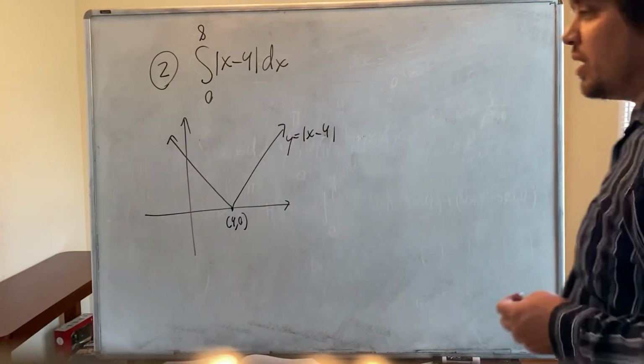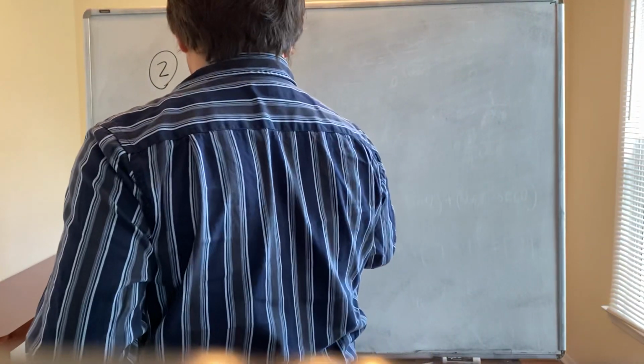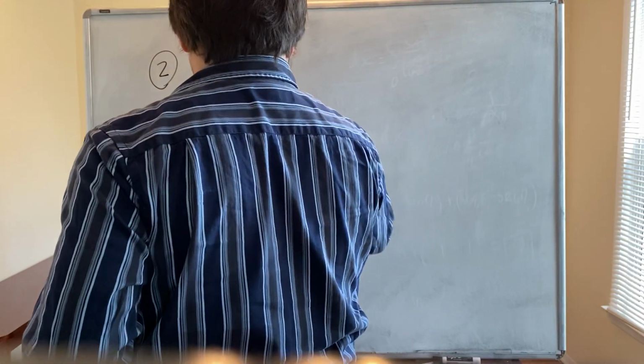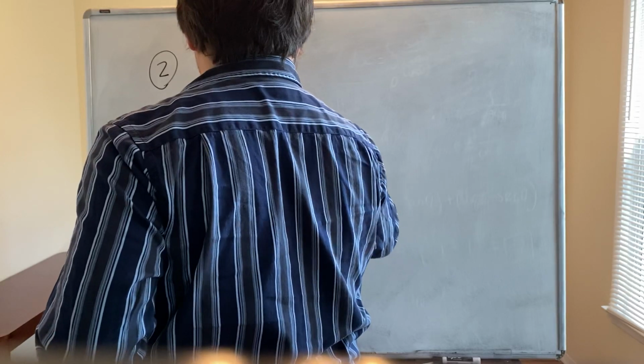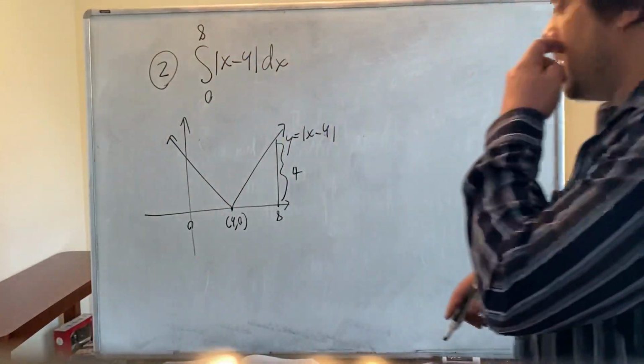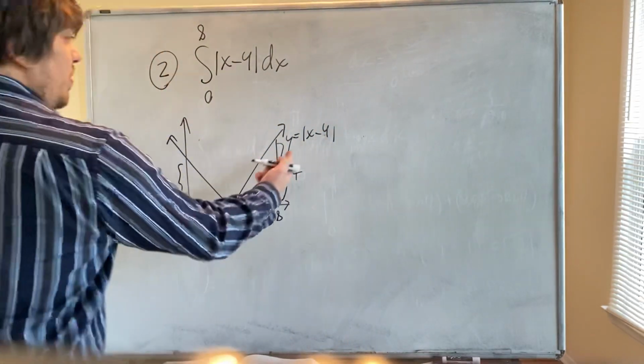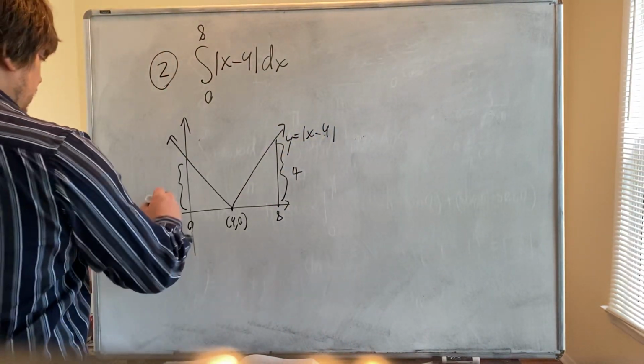And so we're going to get the integral from 0 to 8. So this is 8 and that's 0. The height of the function at 8 is 4, since the absolute value of 8 minus 4 is 4. The height at x equals 0 is the absolute value of 0 minus 4, which is the absolute value of negative 4, which is 4.